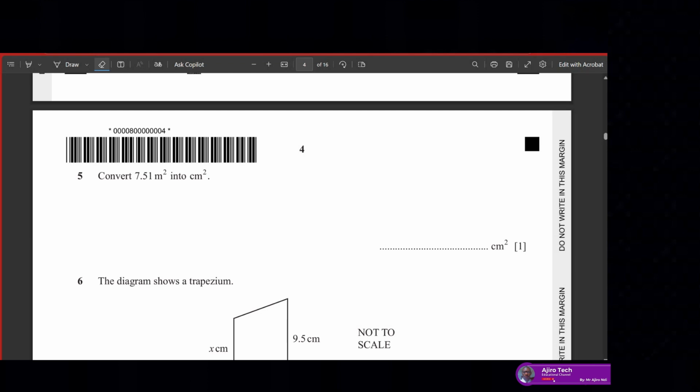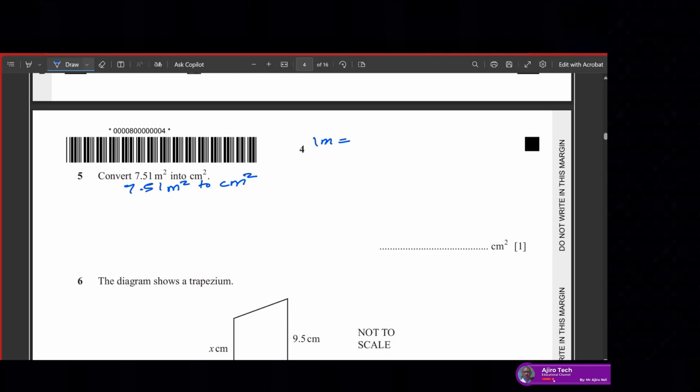So now let's look at conversion here. They said convert 7.51 meters squared to centimeters squared. All right. So let's look at the conversion of 1 meter to centimeters.